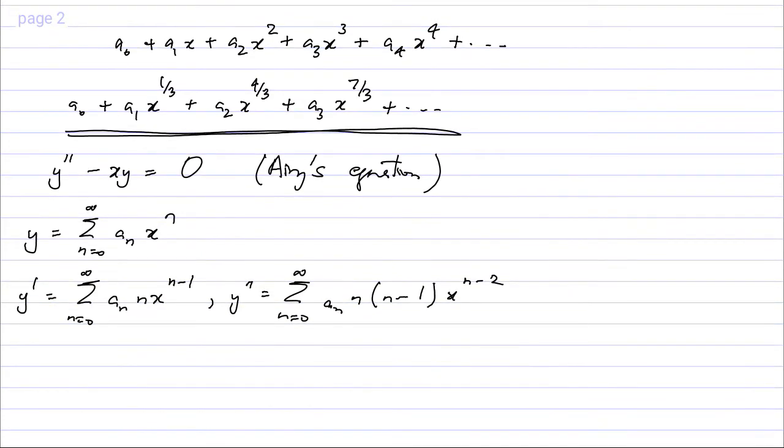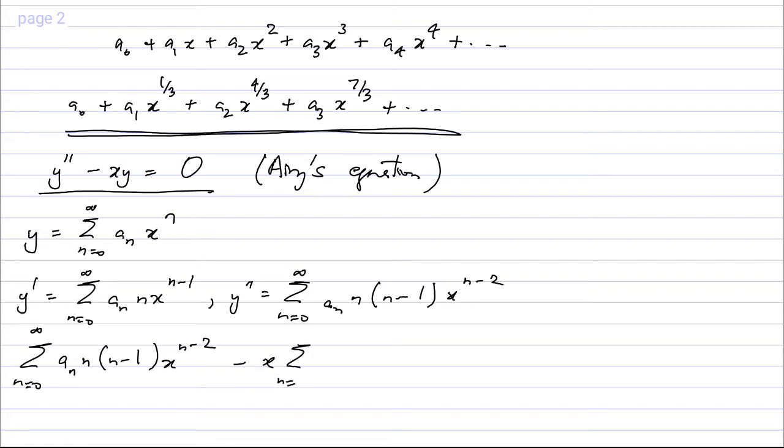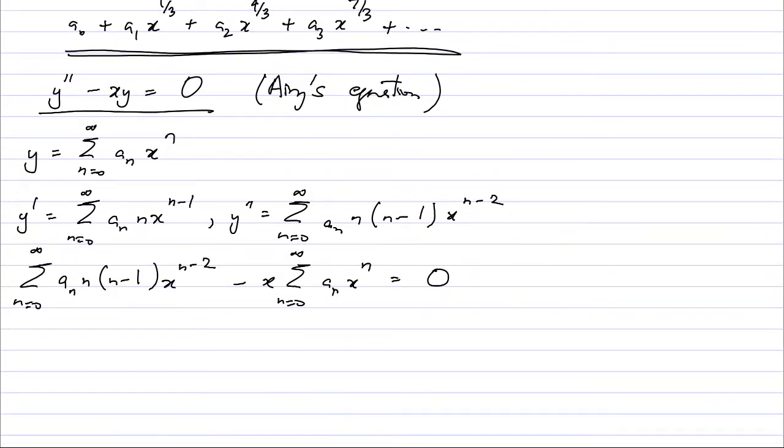I plug this back into my differential equation, so I have the sum from n equal to 0 to infinity of n(n minus 1) a_n x raised to power n minus 2, and then minus x times the sum from n equal to 0 to infinity of a_n x raised to power n is equal to 0.